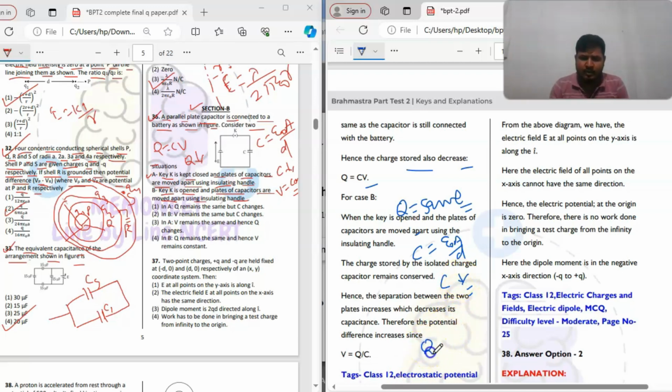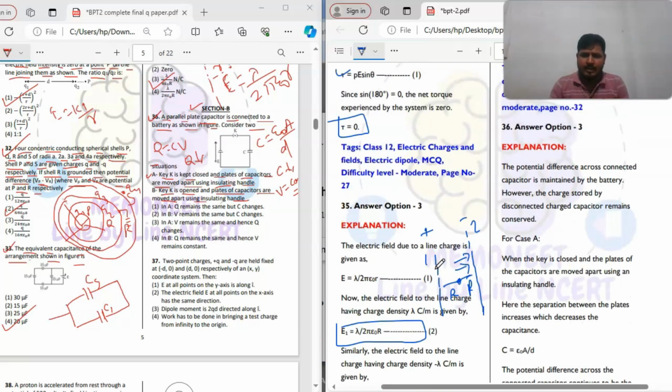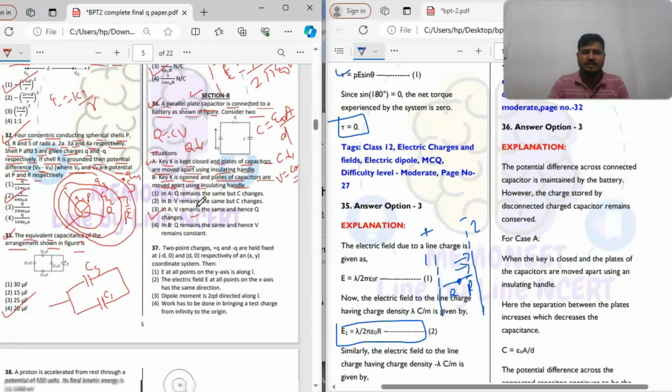We know that Q is equal to CV, so V is equal to Q by C. Since C is decreasing, V will increase, right? So our third option is the correct option, that in A, V remains the same and hence Q changes. This is the concept about question number 36.